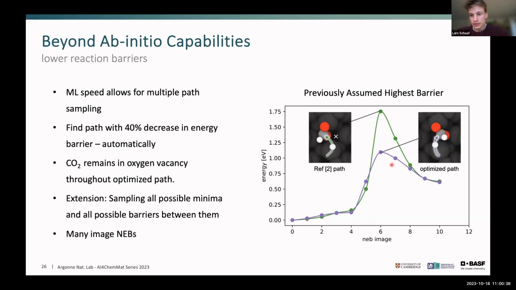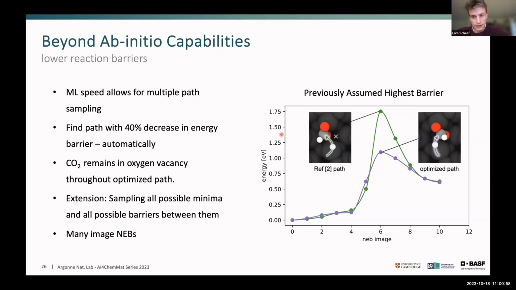And initially, when I saw this, I was a bit skeptical, or I was disappointed that it didn't find the true barrier height, until I realized that actually this is just a lower barrier, and it's revealing something that previously in literature just wasn't seen.